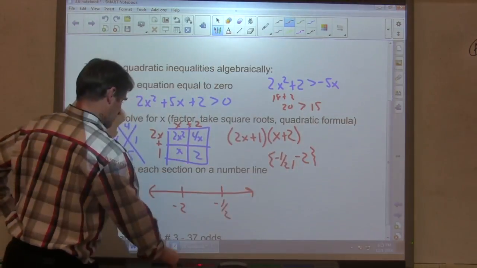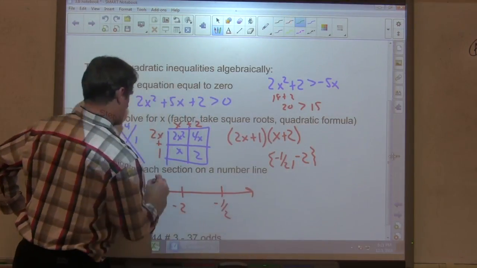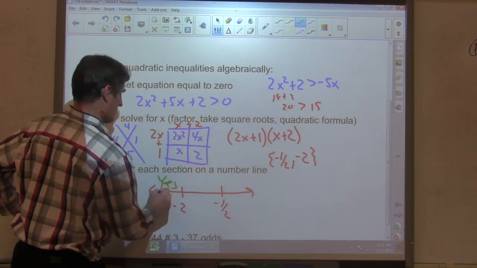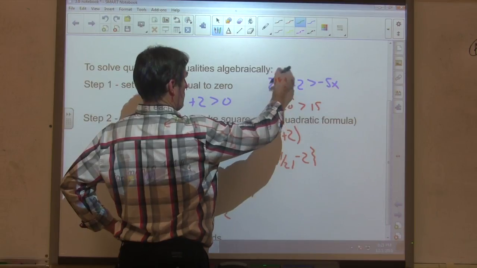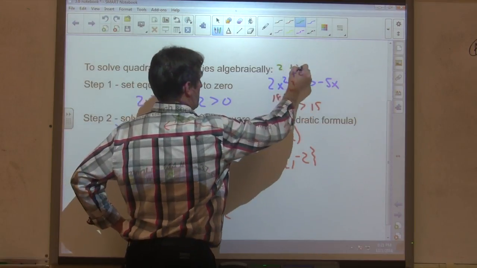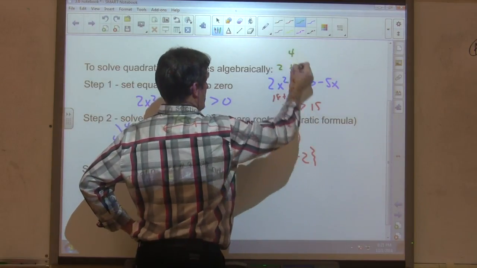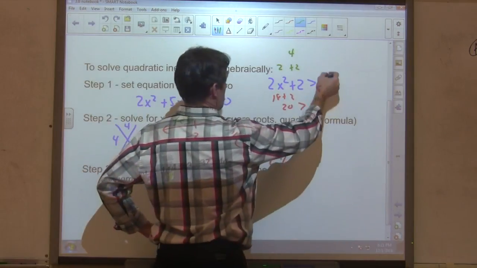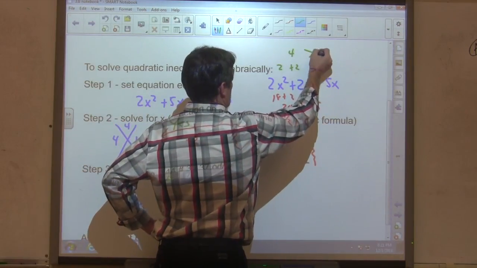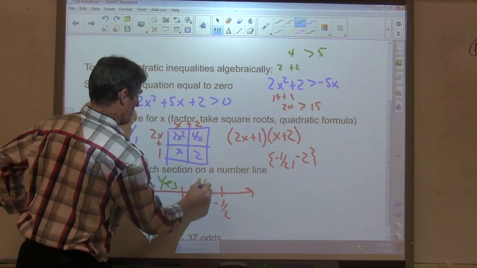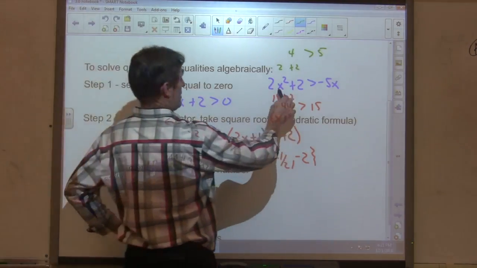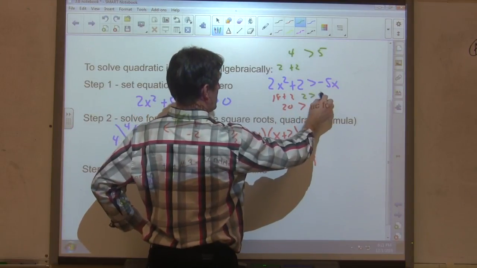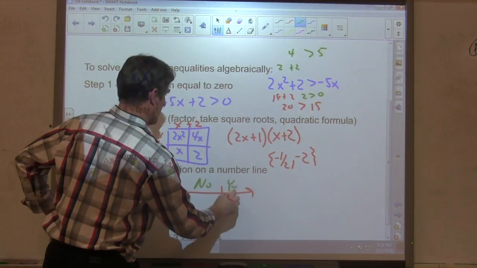And 20 is greater than 15, so that would be a yes. Plug in negative 1. Negative 1 squared would be 1 times 2 is 2. Plus 2 is 4. Plug in negative 1 times 5 would be 5. 4 is not greater than 5, so that's no. And then plug in 0. So we get 2 is greater than 0, which is true, so that's yes.